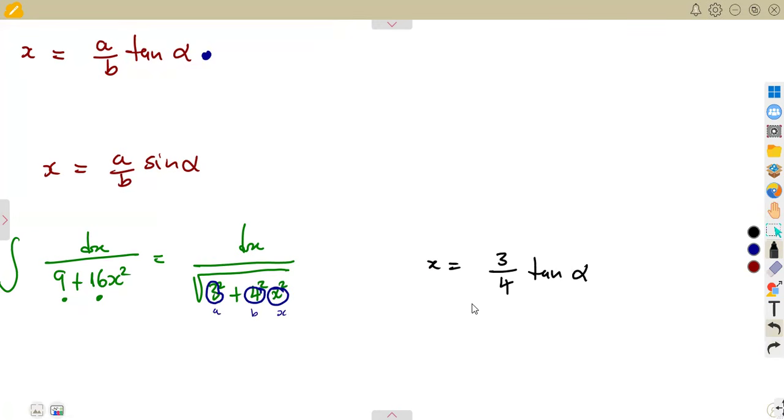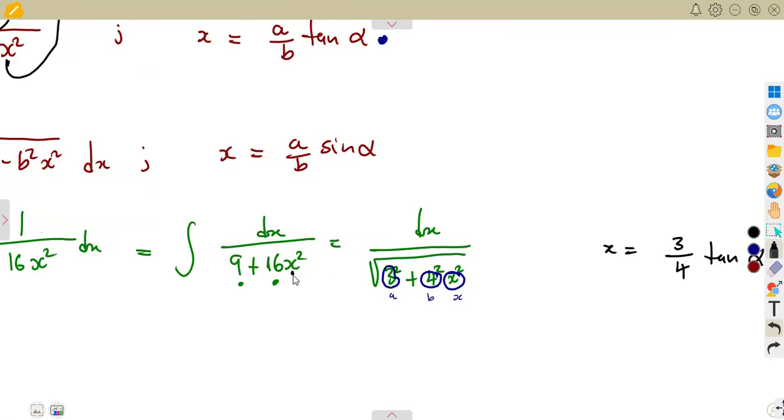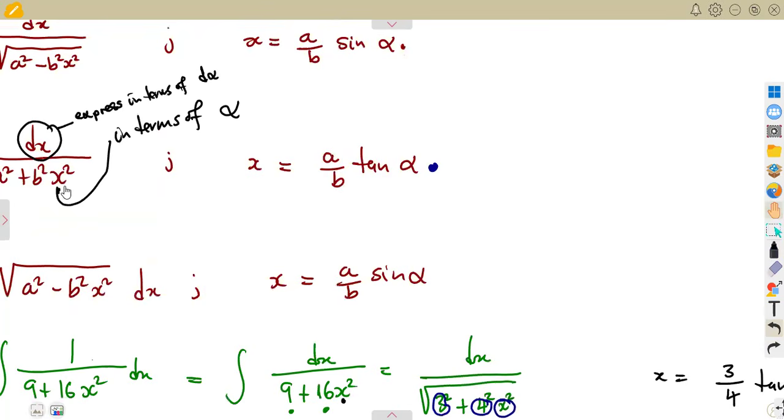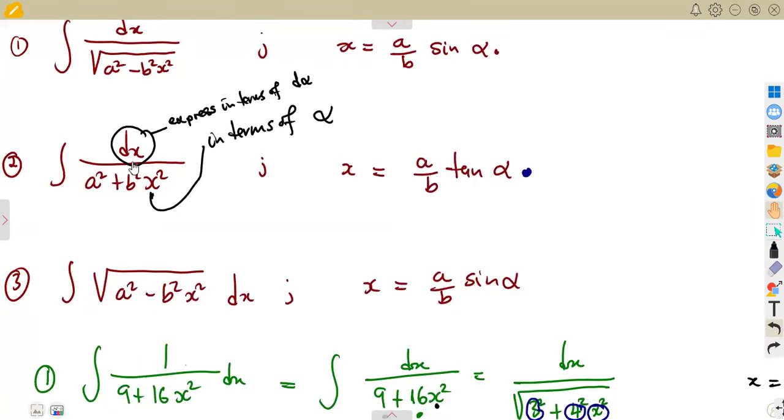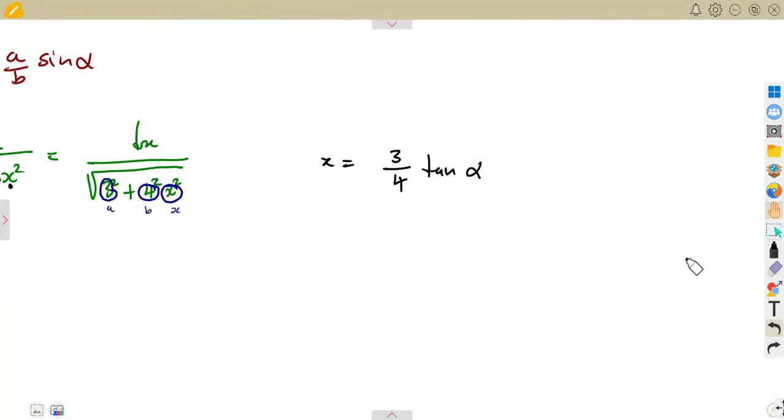That is what we're having there. This is our x. Like I said, the moment you substitute x here, it is in terms of alpha. So it means you must also have dx expressed in terms of d alpha. That means from the x that we are given, we are supposed to obtain the derivative of x with respect to alpha.